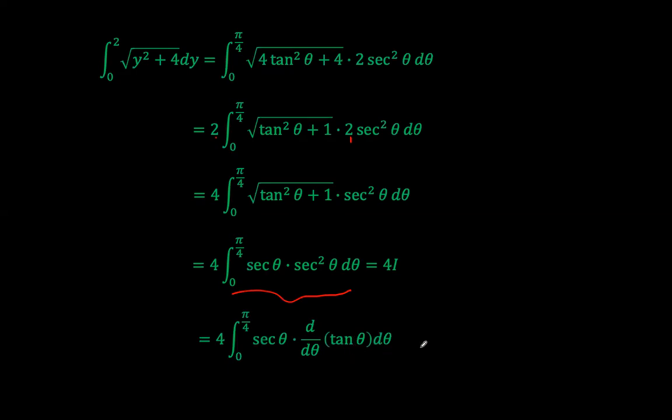Then using integration by parts, where if we have the product of u and dv, when you integrate that, you have uv minus the integral of v du. And so v here is tan theta, sec theta is u, so that uv here will be sec theta tan theta.